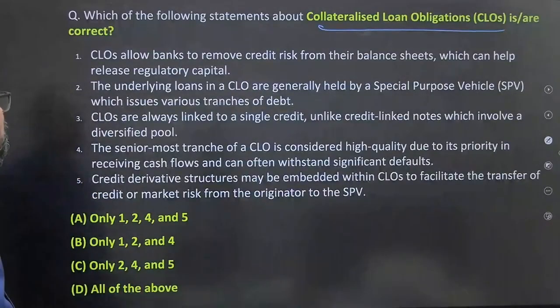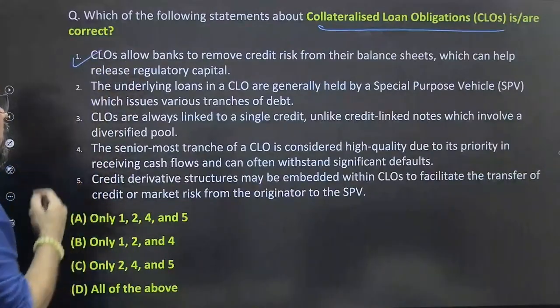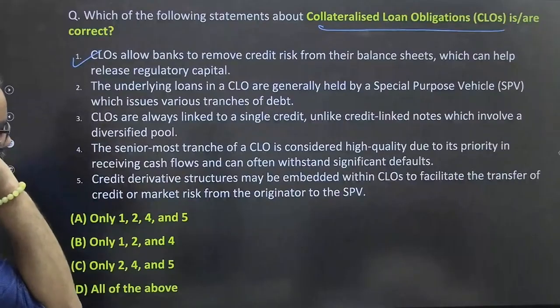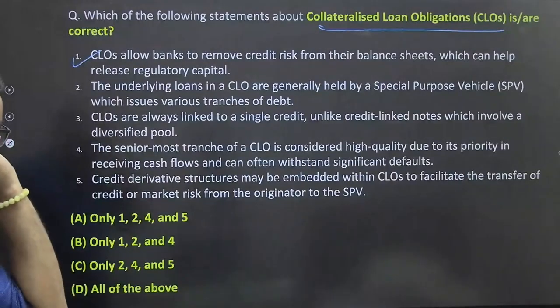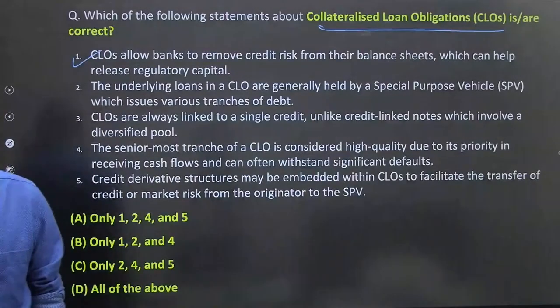So CLO allows banks to remove credit risk from their balance sheet, which can help release regulatory capital. Statement 1 is true. The underlying loans in CLO are generally held by SPVs, special purpose vehicles, which issue various tranches of debt. What do you say about this particular statement?